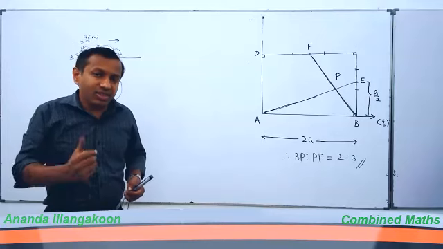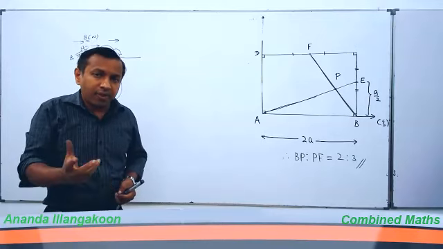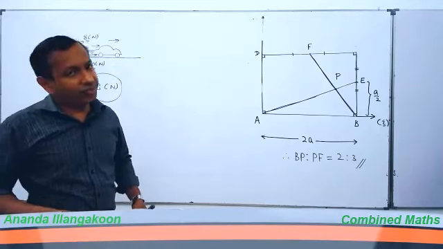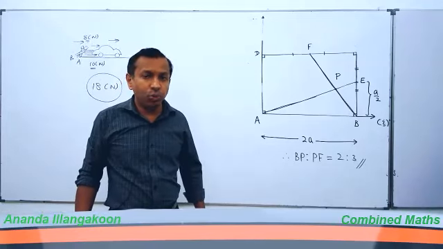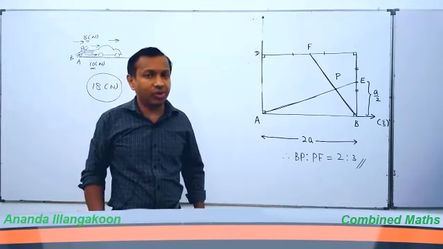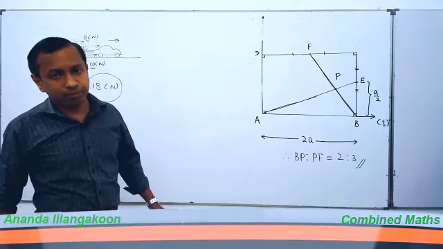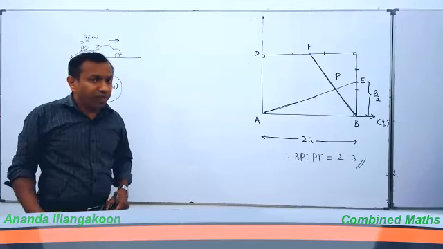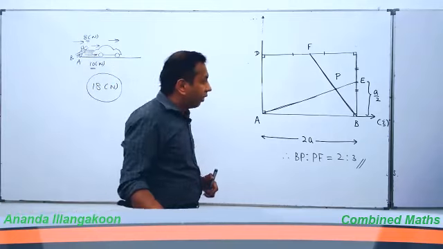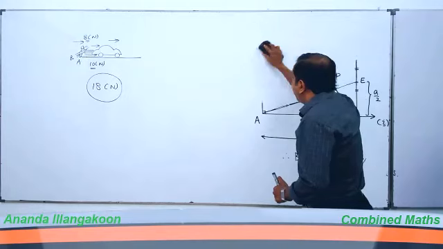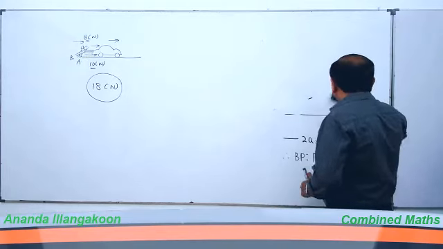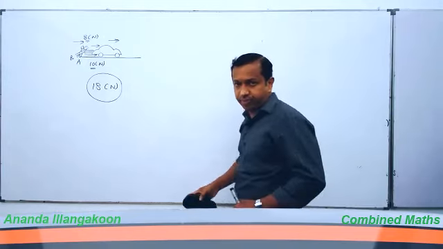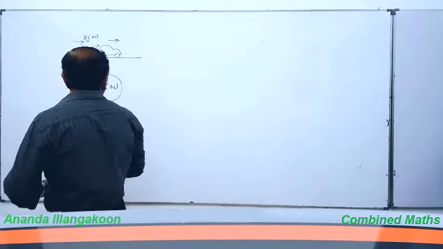That single force the body feels acting on it is called the resultant force of those two or more forces. Understood? You know this already. In O/L science, we have learned this. Now, when we need to find the resultant force of two forces which are not acting in the same direction, there's a method, right?